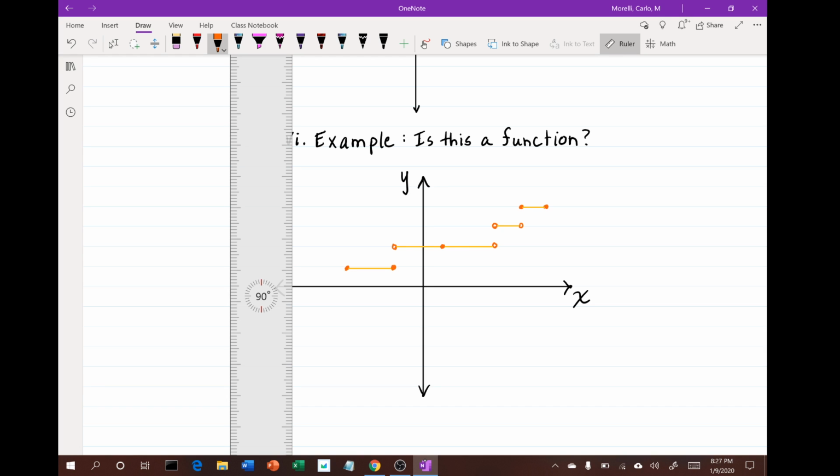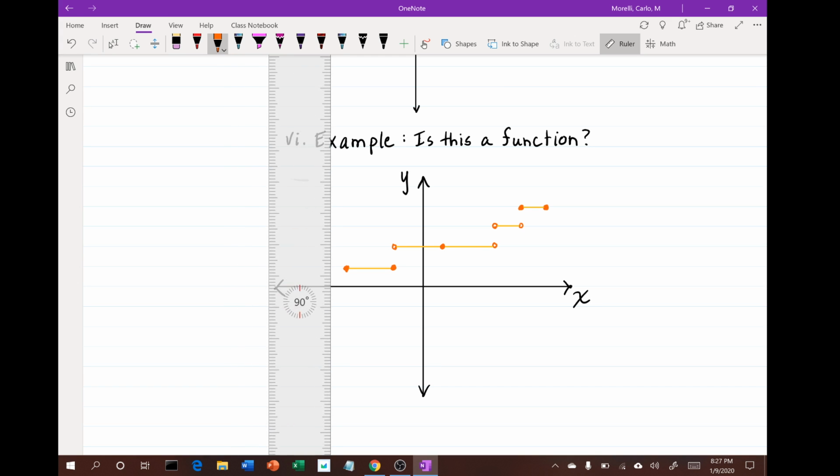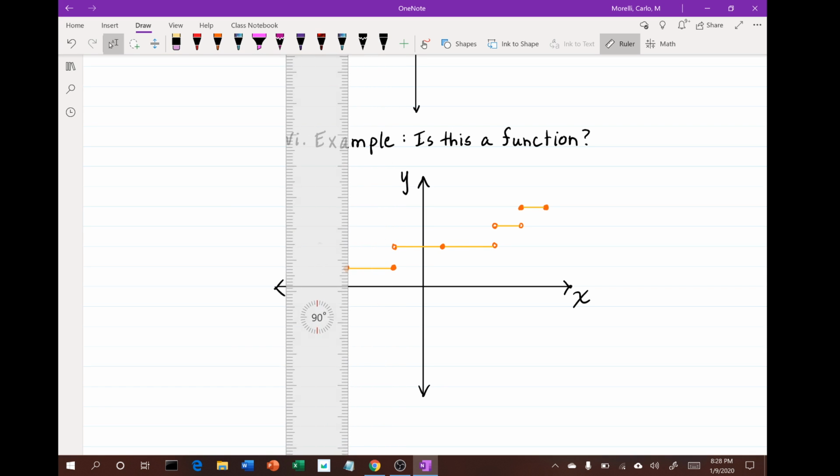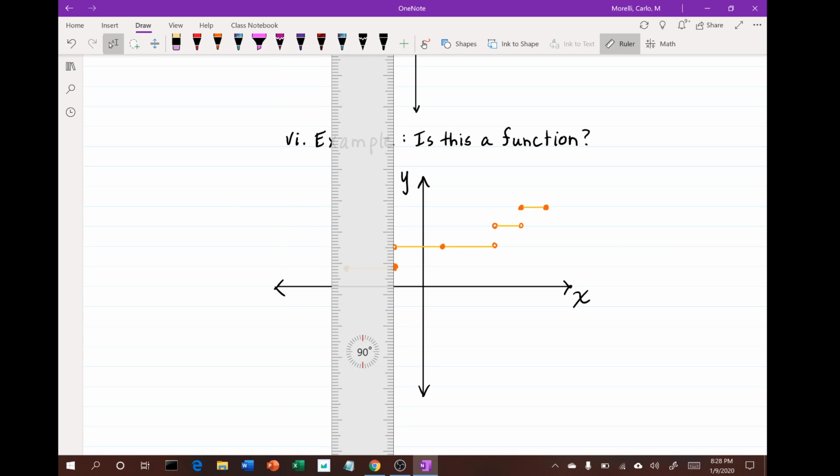Just make these points bigger. Okay, so when we do the vertical line test and you put the ruler up there, you say, oh, it's going to fail. It's failing. I need to make the point bigger. It's failing the vertical line test because of this.